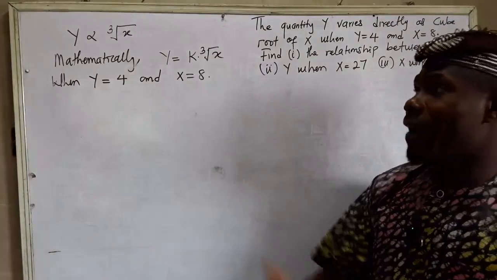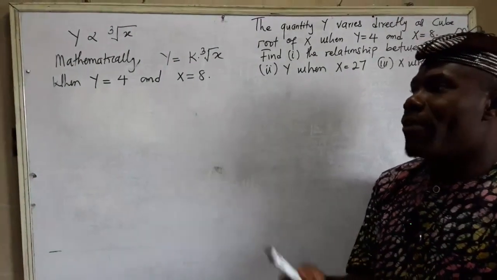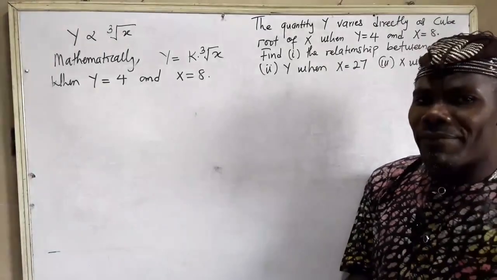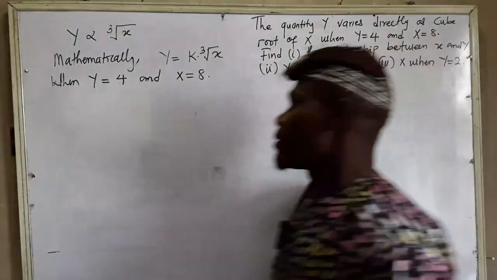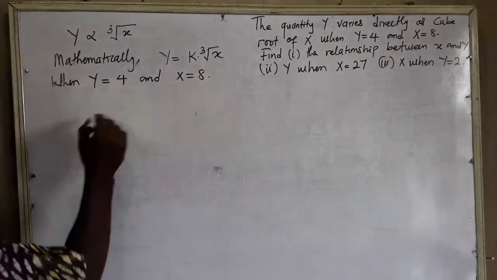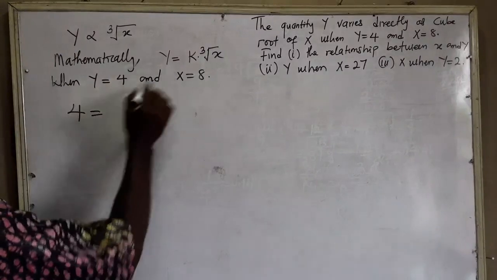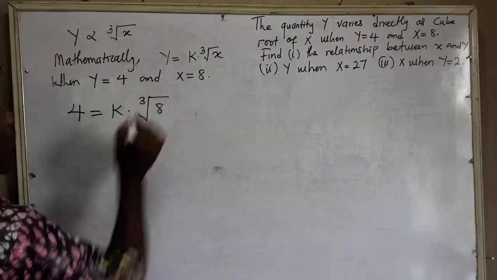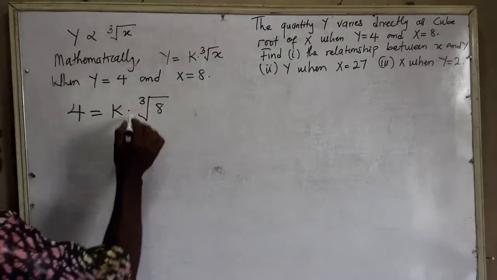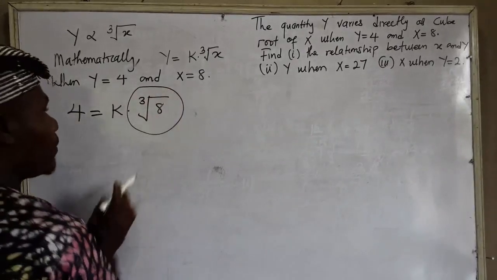So how do we now find the constant? Since we have been given the value of y, let's substitute the value and get the value of the constant. Therefore, we have y is equal to 4, so 4 is equal to k times the cube root of 8. Let me explain this in indices form.